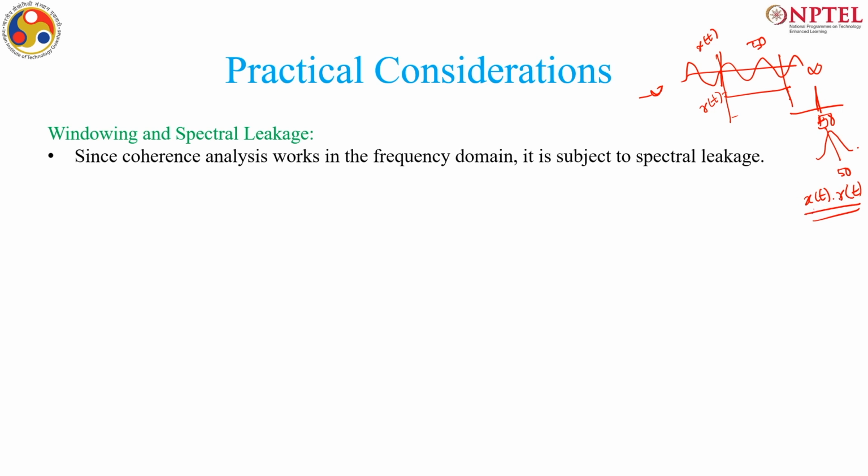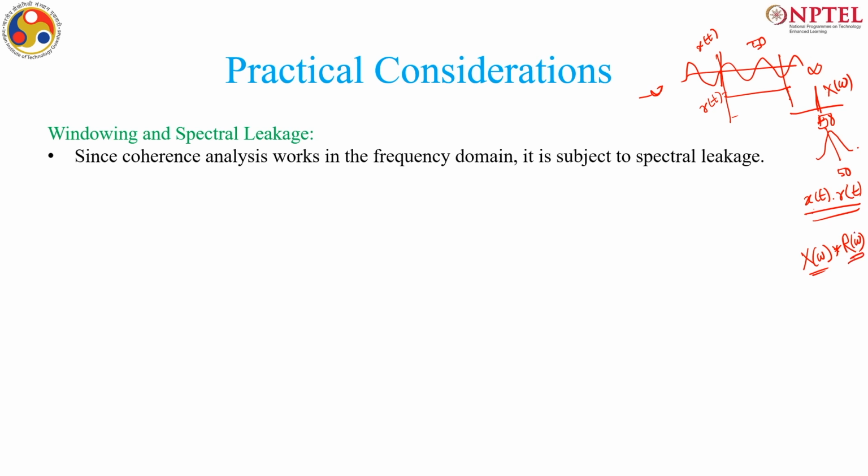Now, when we have multiplication in the time domain, we have convolution in the frequency domain. So, X of omega is convolved with R of omega, and X of omega is this one, with only one peak at 50, or maybe two peaks at 50 and minus 50. And what is R of omega?